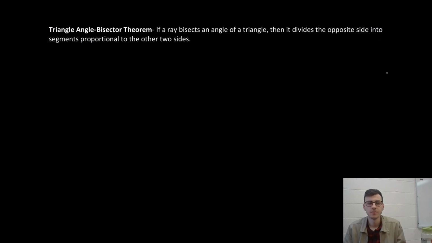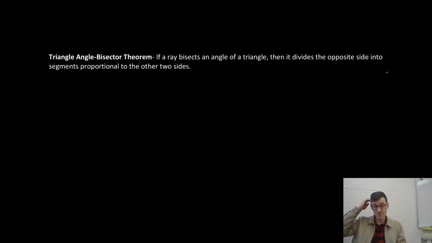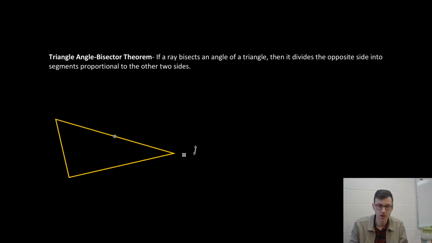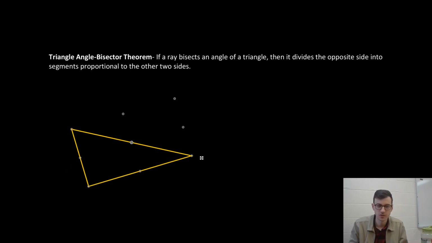Okay, last one. The triangle angle bisector theorem, and I'm really going to have to resist proving this one. If a ray bisects an angle of a triangle, okay? Again, it doesn't have to be a right triangle. I kind of use right triangles because I feel like it makes them look a little bit weirder.